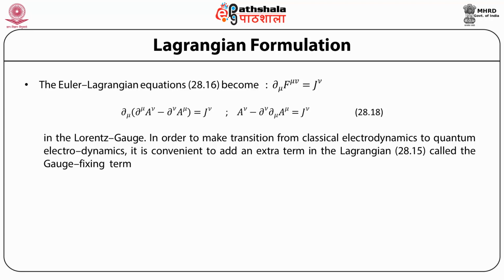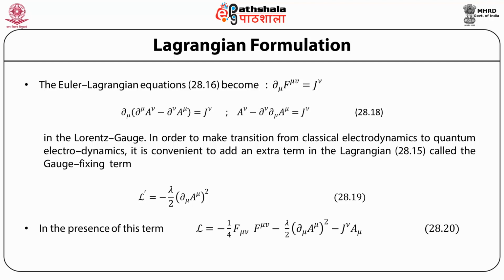In order to make the transition from classical electrodynamics to quantum electrodynamics, it is convenient to add an extra term in the Lagrangian given by equation 28.15, called the gauge fixing term. So L' is equal to minus λ/2 times (∂_μ A^μ) whole squared, summed over all μ.